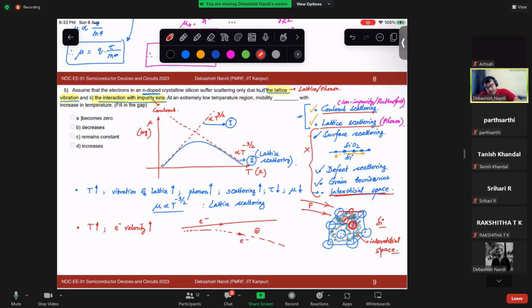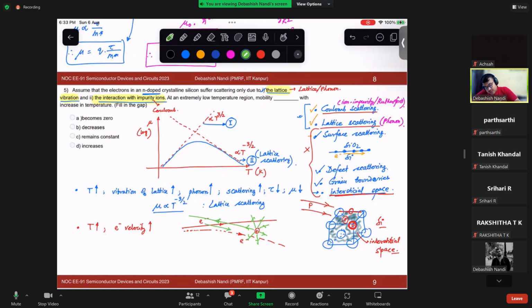I told you in the last class that everything is due to fields, nothing else. A positive charge has outward fields. As soon as the electron sees a field in this direction, it will obviously move in the opposite direction. So the electron gets scattered from its normal path.